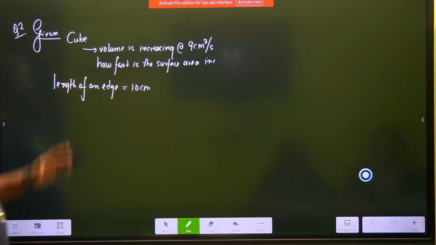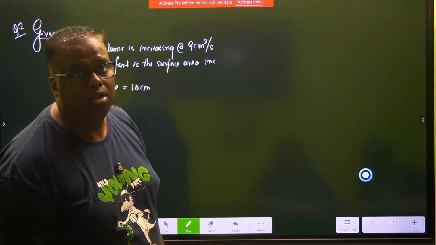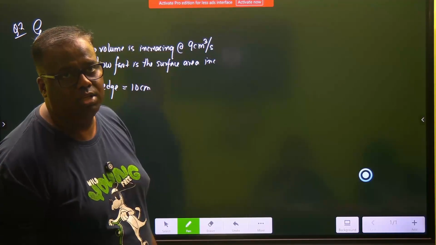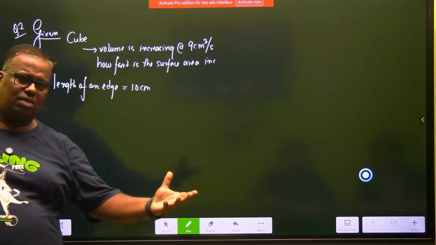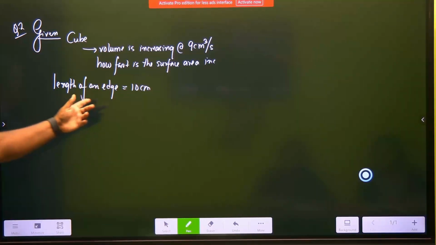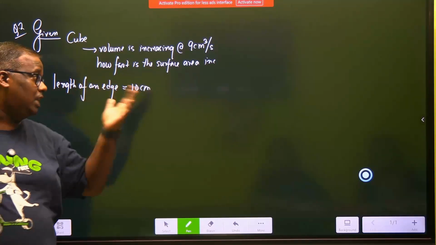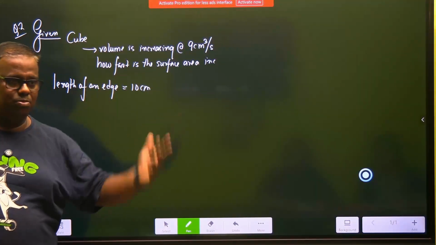Don't look at the book now. Just pay attention to what I say. I am given a cube. A cube must have some measurement when it was given to me. A cube always has an edge, nothing more than that. When you handed the cube to me, the edge was 10 centimeters.